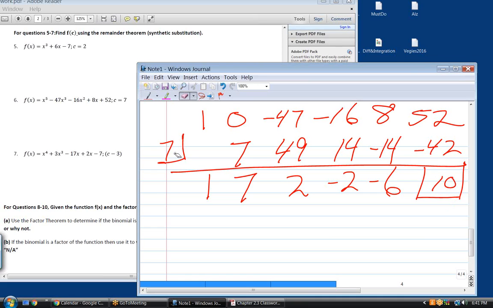Now, number 7. Is that a typo? They've got a polynomial here that hasn't even been simplified.